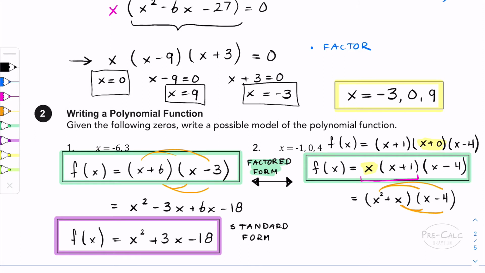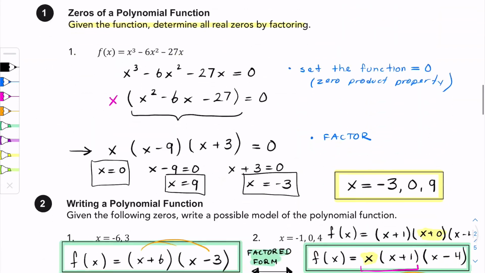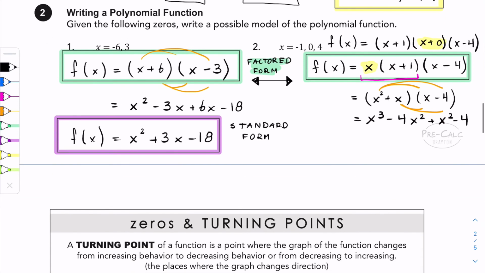We have x cubed minus 4x squared plus x squared minus 4x. And I can write my final standard form expression after I simplify my common terms.